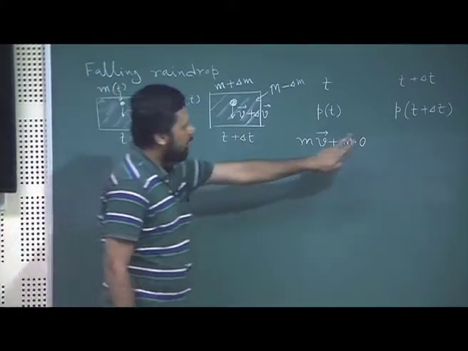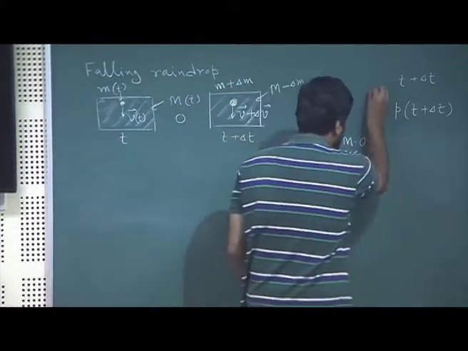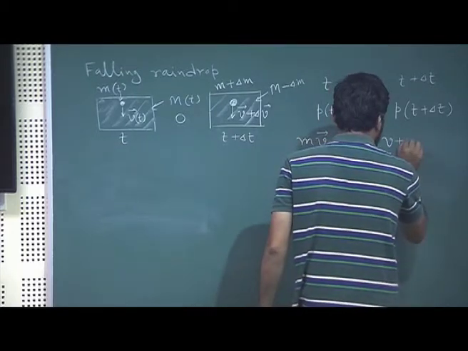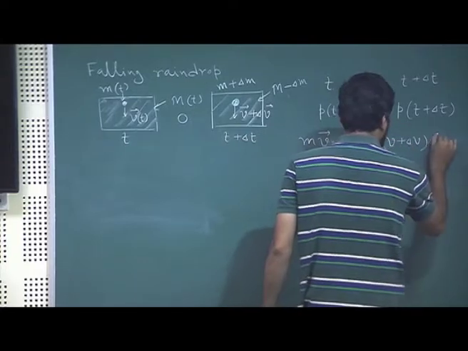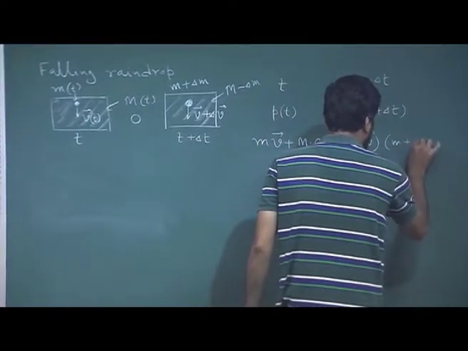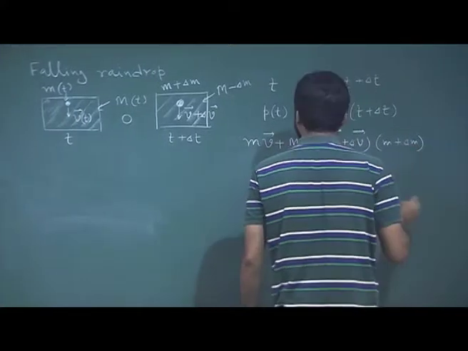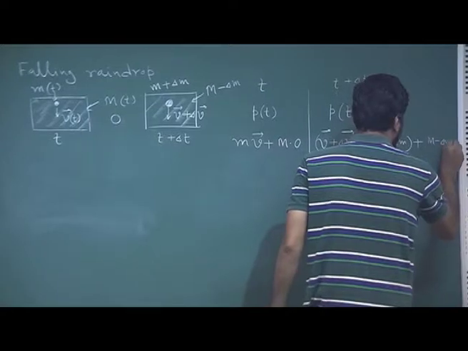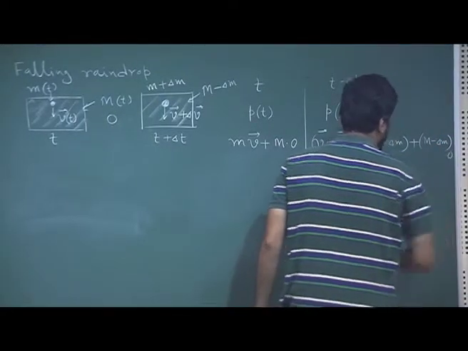Now, for this time point, the net momentum is (v plus delta v) into, again vector, (m plus delta m), plus (M minus delta M) multiplied by 0.